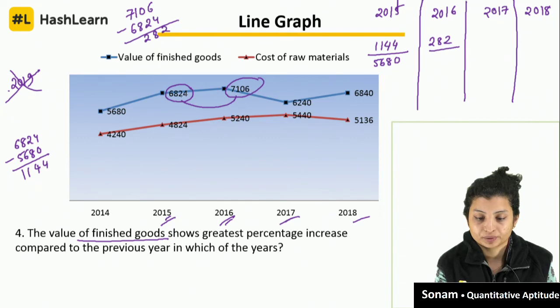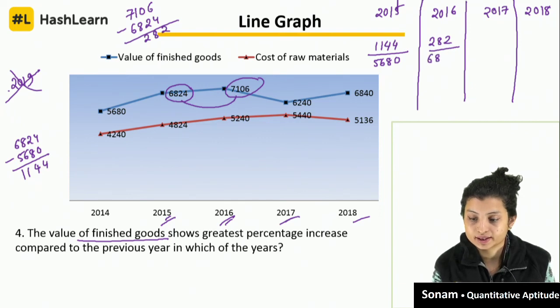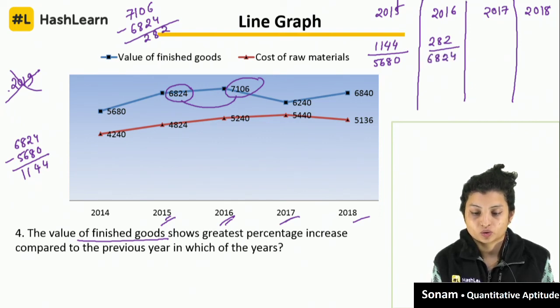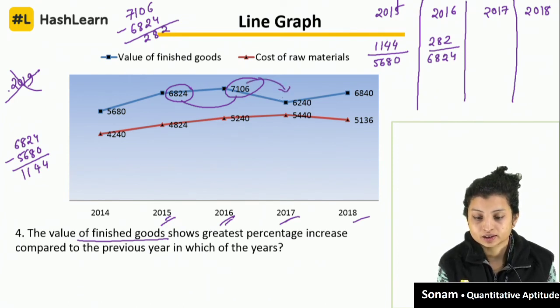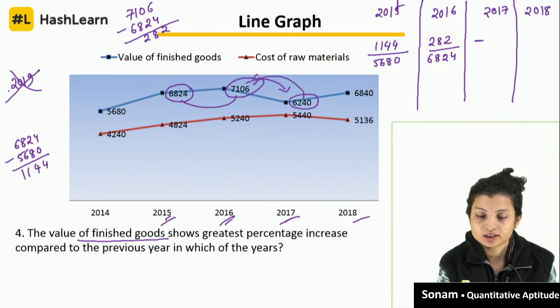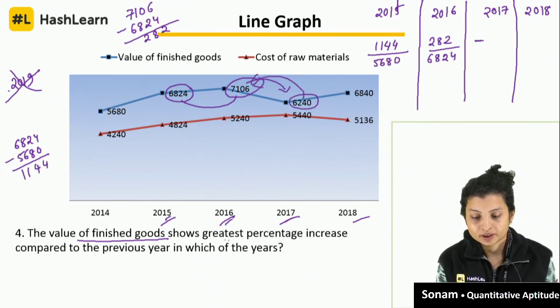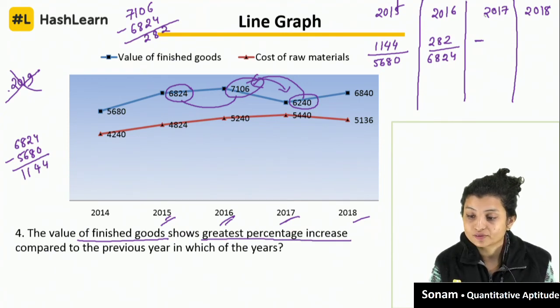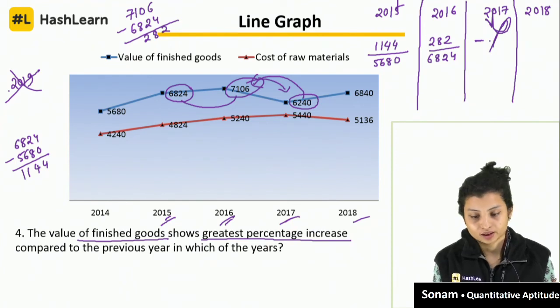Over the previous one. So previous one was 6824. Okay, see in this one there is a decrease, right? There is no increase, so it will come negative because it is final value minus the initial value. That's how we do. But the question is saying greatest percentage increase, so I don't even have to calculate this one, right? We don't have to do the calculation for this one because there is a decrease from 2016 to 2017 and they are asking you the percentage increase.